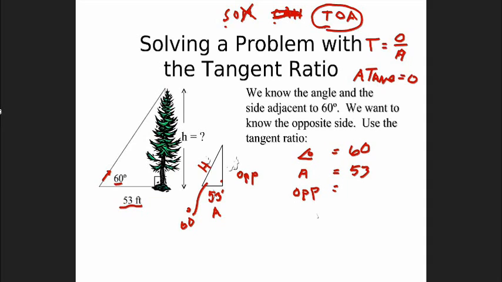All right. Well, now, what's the tangent of the angle? Well, here's the angle. If I plug into my calculator the tangent of 60, turn the calculator on, 60, press the tangent button, and I get 1.73. All right, so now I know the tangent of that angle is equal to 1.73.